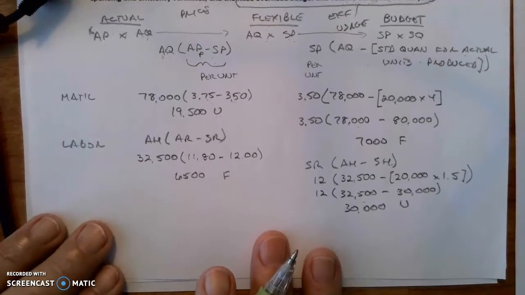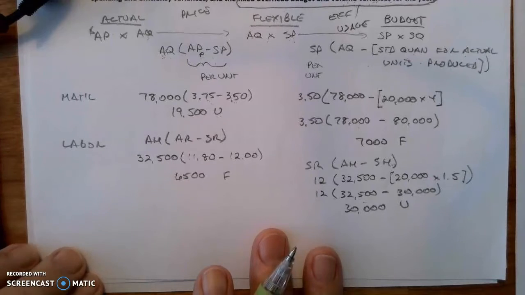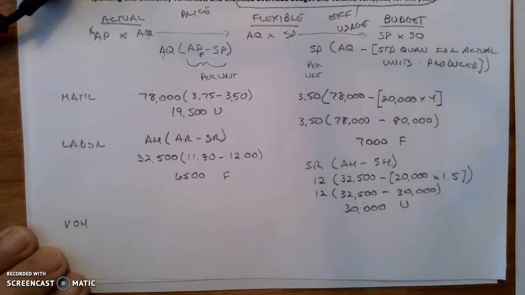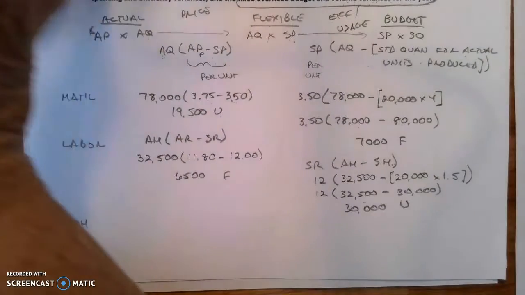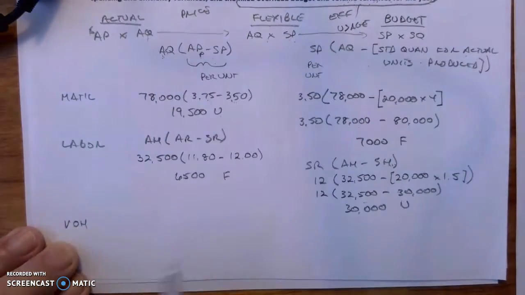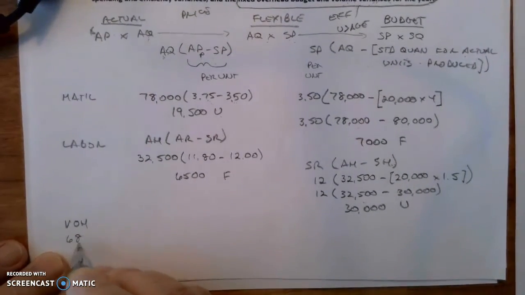Okay? Now I'm getting squished down here in the well. I'll do variable overhead, and then we'll do fixed separate. The variable overhead is the tricky part. Our total overhead is 68,250.